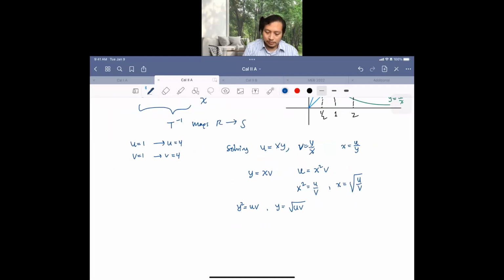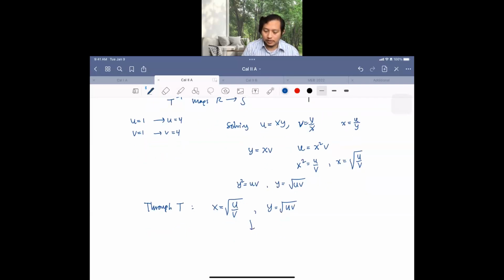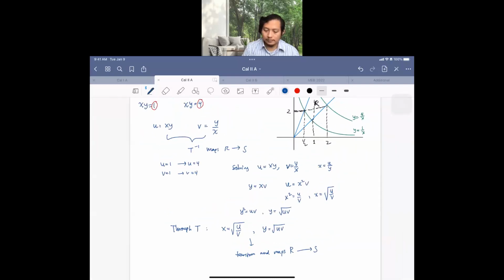So through the transformations x equal square root of u over v and y equal square root of uv, we can transform and map R to S.